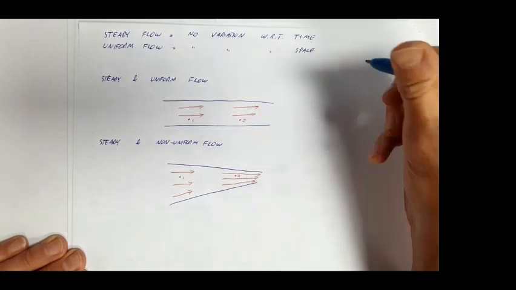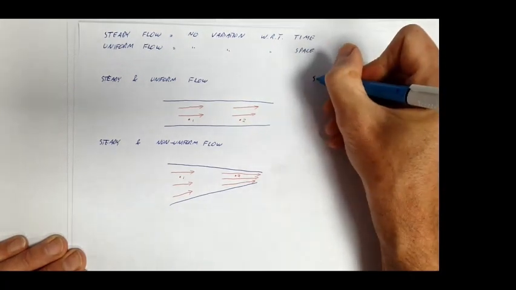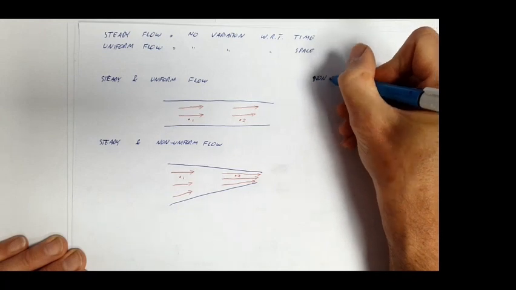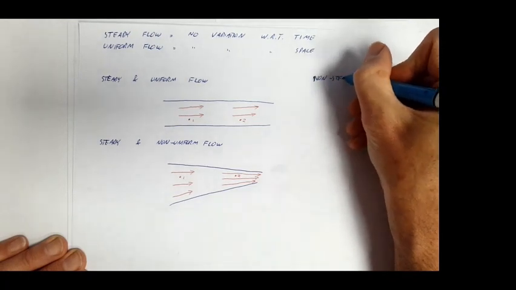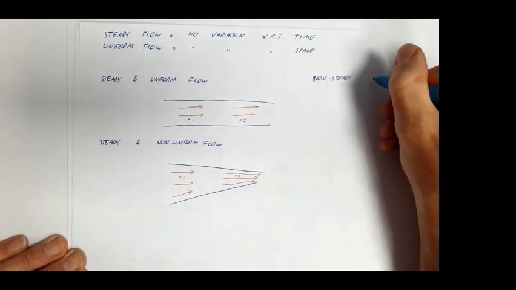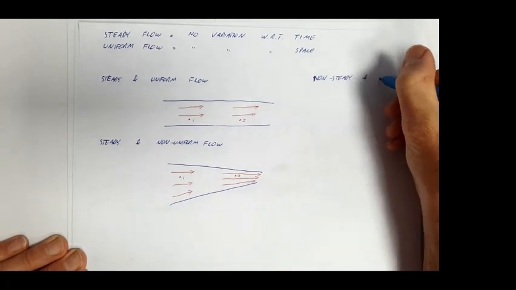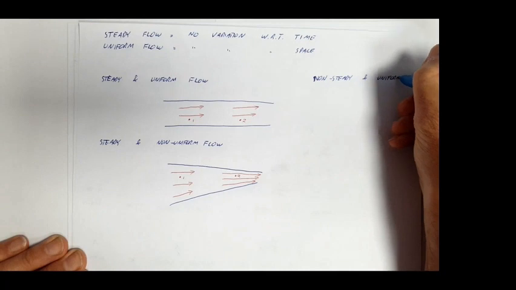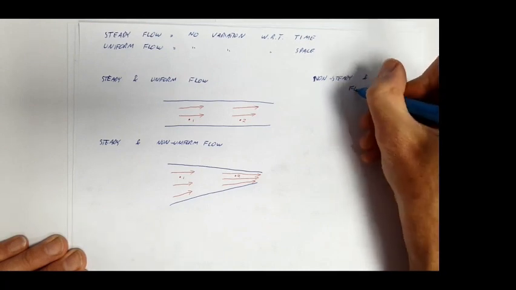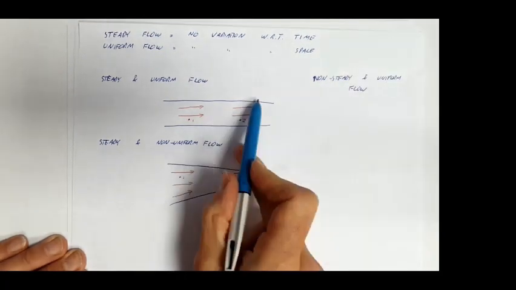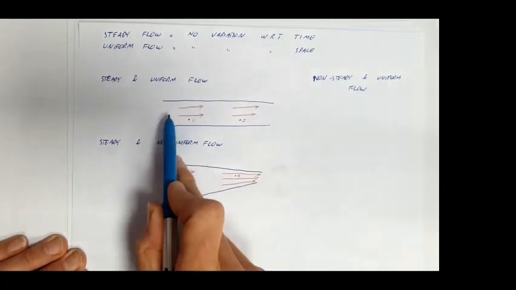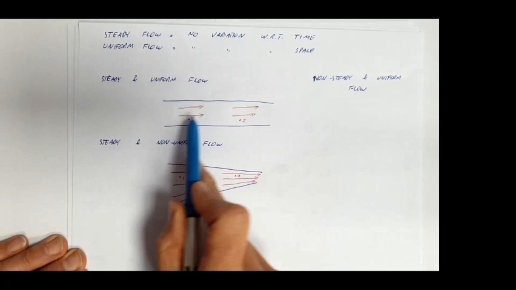So we've got steady uniform flow, steady non-uniform flow, and then, harder to draw, non-steady uniform flow would look the same as this at time 0, but at time 1, it will look different.